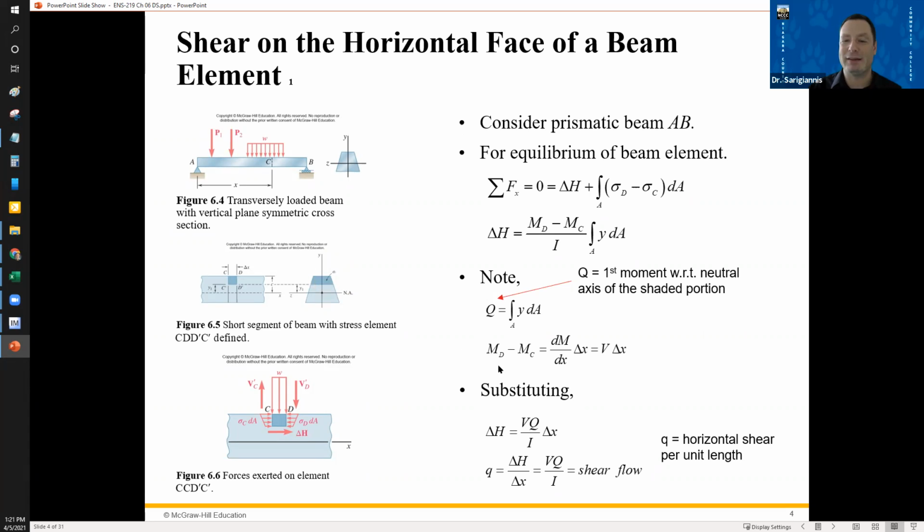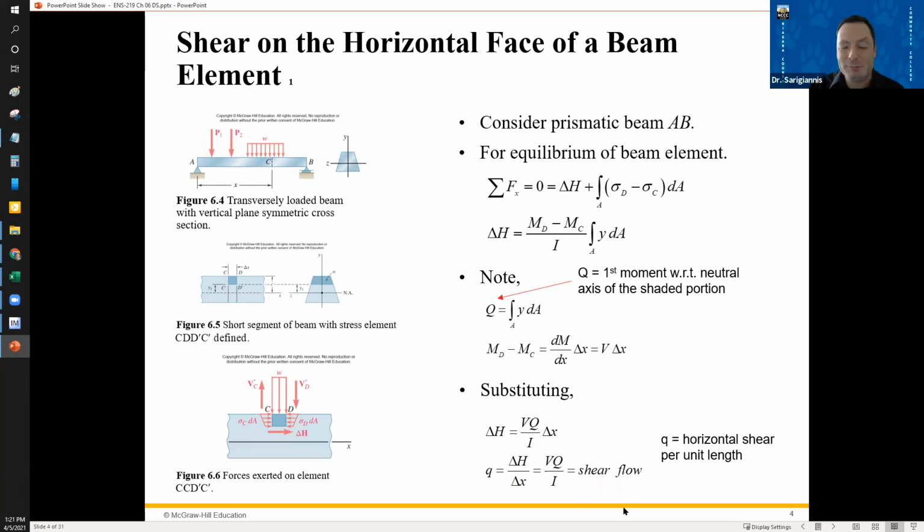So now we can write this out. M D minus M C is just dM/dx times dx, which is equal to V dx. You can substitute in your delta H, and you wind up with delta H equals VQ over I dx. Then you divide through by delta x, and you wind up with this little q. This q is called shear flow.